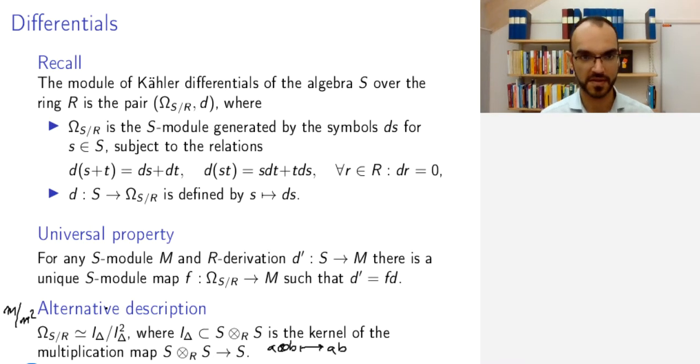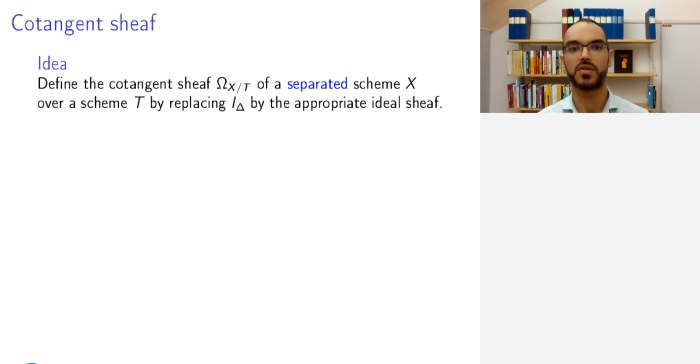So of these descriptions, it turns out that the last one is the easiest to globalize because it's defined in terms of ideals and constructions that are algebraic geometric in nature. So what we want to do is to define the cotangent sheaf of a separated scheme X over a scheme T by replacing this ideal I_Δ from the previous slide by an appropriate ideal sheaf.